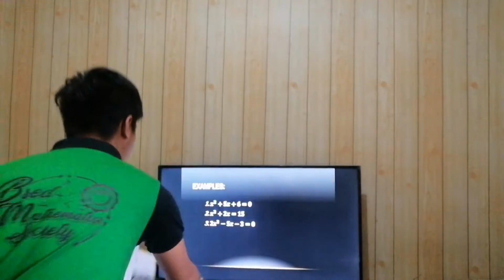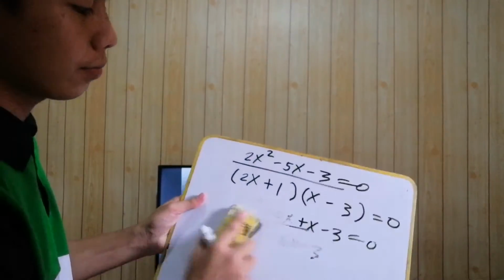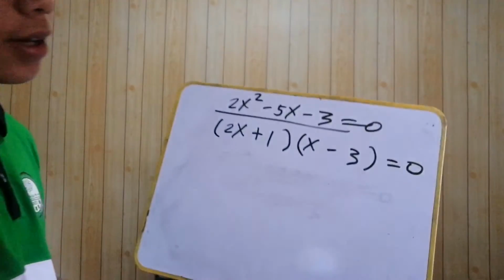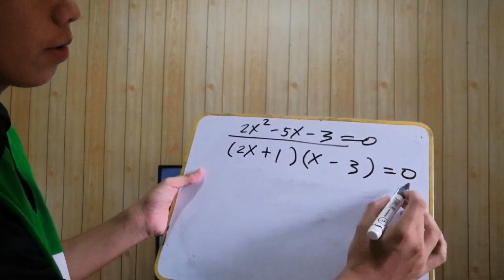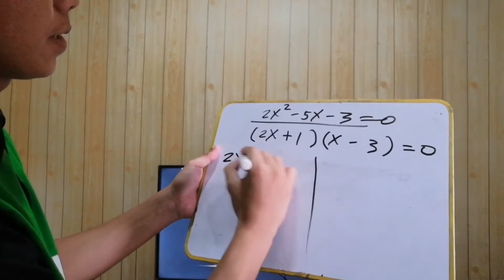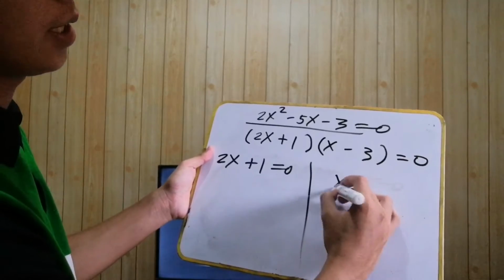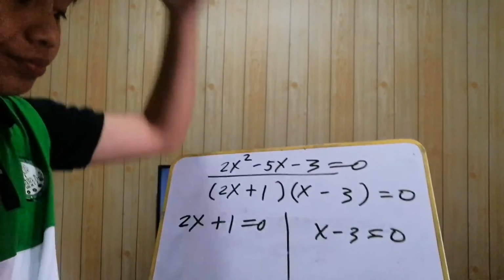Let's continue. Now, since correct na yung ating factors, let's equate it to 0 to find the solution. So, on the left side, 2x plus 1 is equal to 0. Right side, x minus 3 is equal to 0.